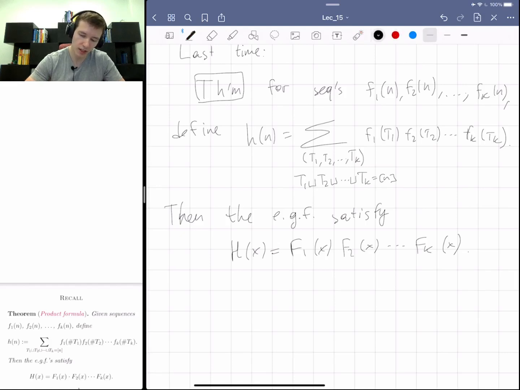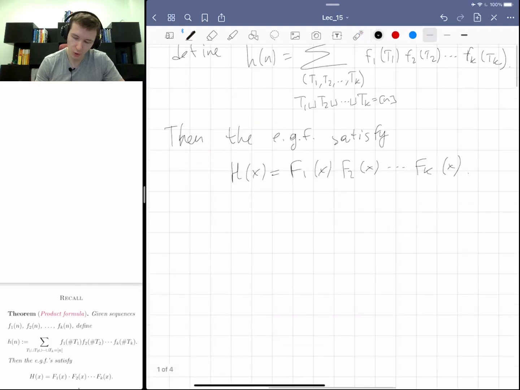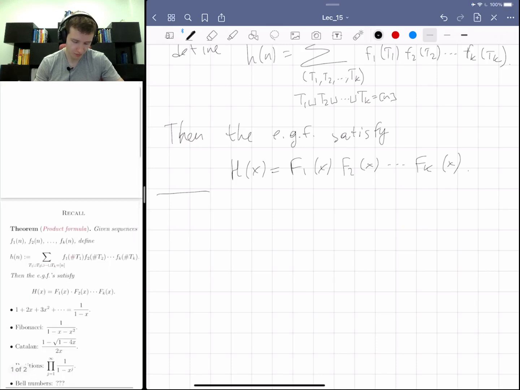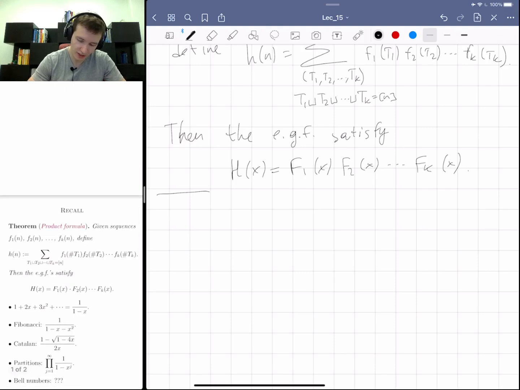Let me also summarize what we have computed so far. At some point previously, I mentioned 5 sequences: 1, 2, 3, 4, 5, 6, 7, etc. That's the first sequence. Each sequence gives you some generating function.